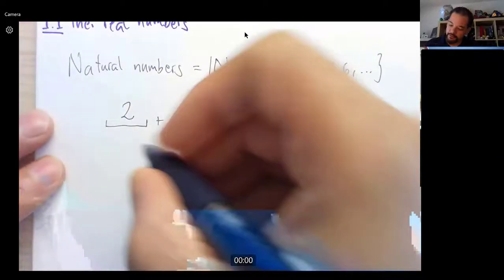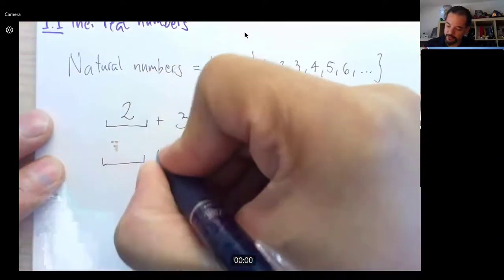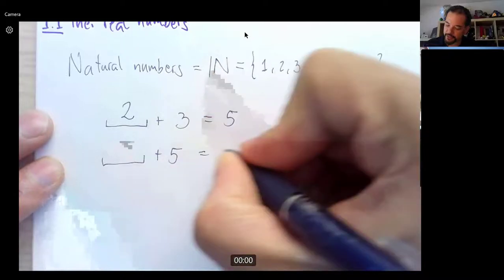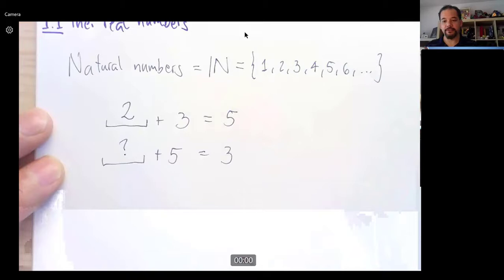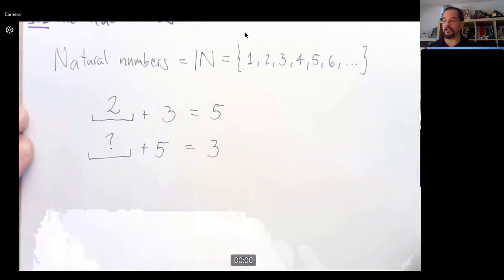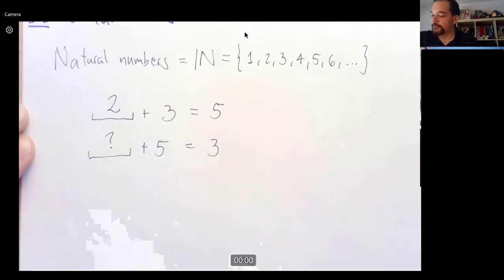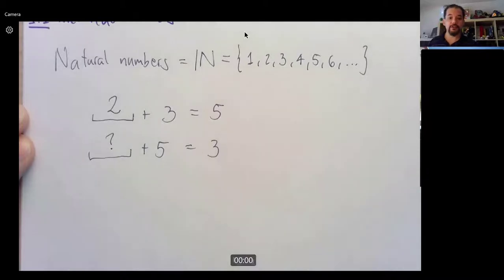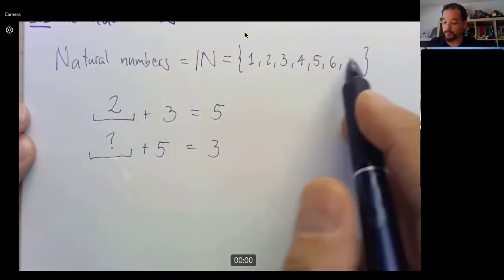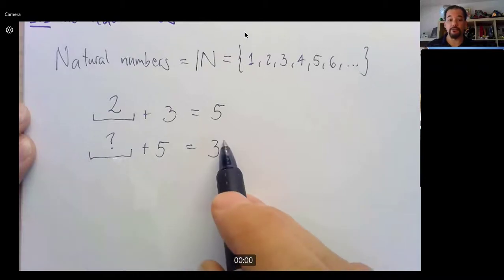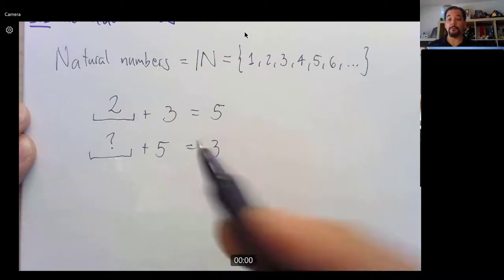But then, if you switch those numbers around, if I put the 5 here and the 3 here, and then I ask what is the answer here, suddenly I can't really answer this question, right? Because there is not a natural number that when added to 5 gives me 3. And that's a problem.